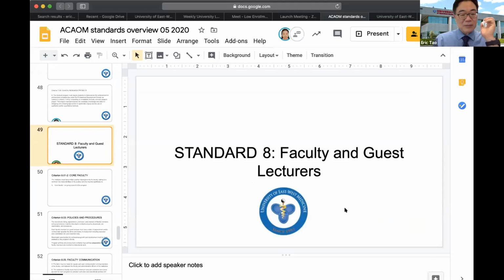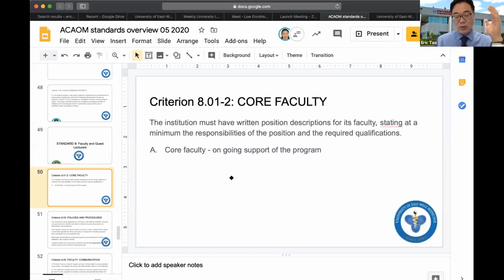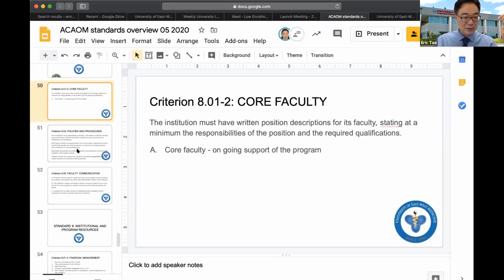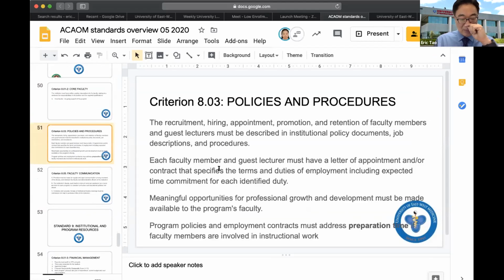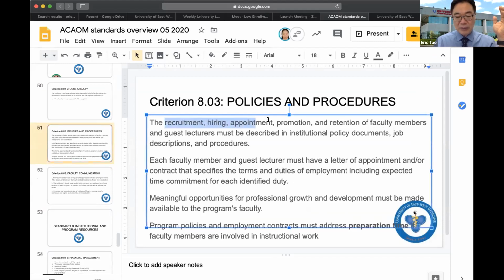We're going to go to the last three. It's pretty brief. Number 8 is faculty and guest selection. So we need to identify who are our faculty, of course, but we need to identify who are our core faculty. I mean, core faculty continues to teach and support the program update. And for all the faculty, the recruitment, the hiring, appointment, promotion, and retention need to be in our institutional documents.